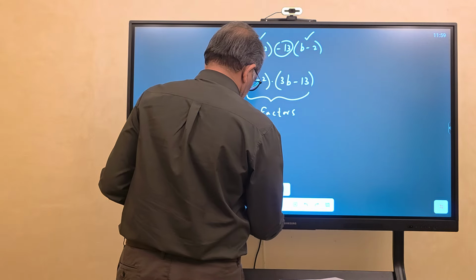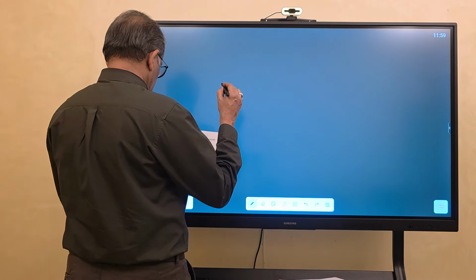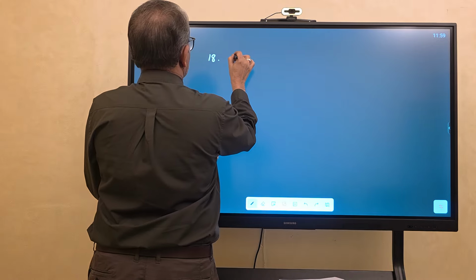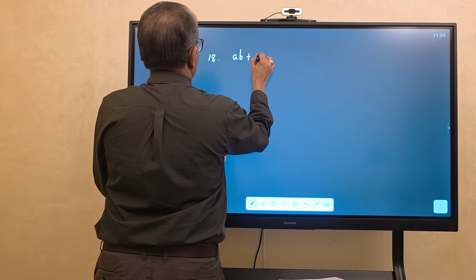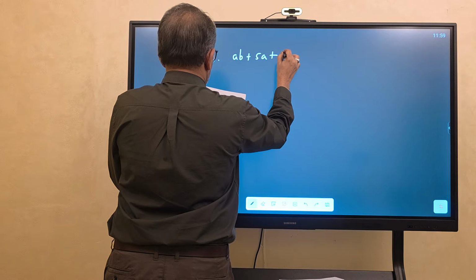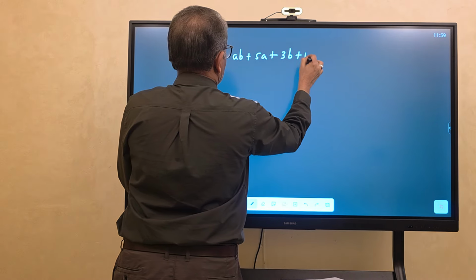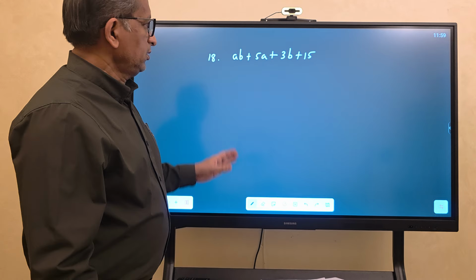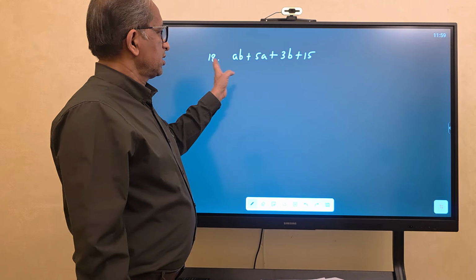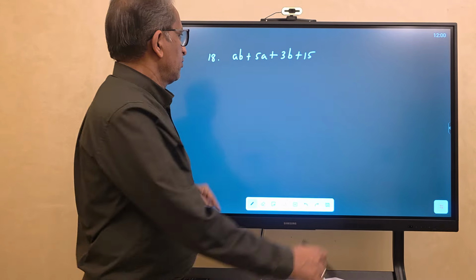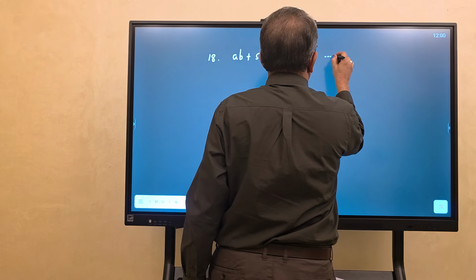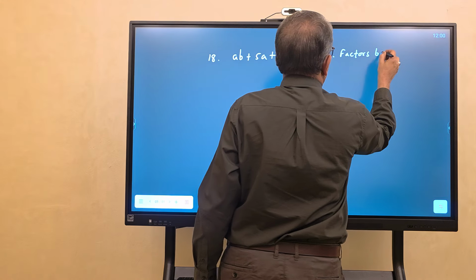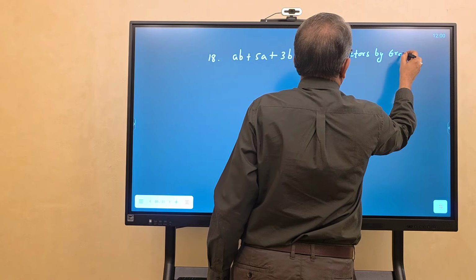Then we come to the next one, that is factor by grouping. Number 18: ab plus 5a plus 3b plus 15. We are given a polynomial because it has 4 terms, and the question is to find the factors by grouping.